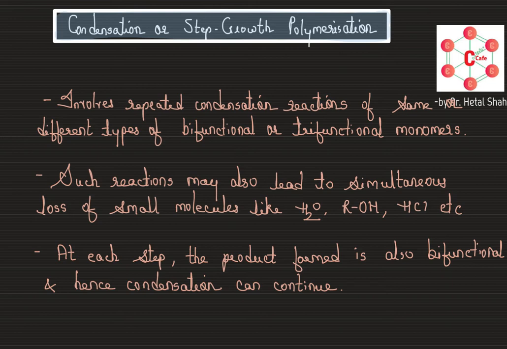So the polymerization reaction can continue only when your product formed at every stage has at least two functional groups. Only then the reaction continues, the chain continues to grow. Otherwise, the polymer would not grow. So this is very, very important, that the product formed at every stage is also a bifunctional product.